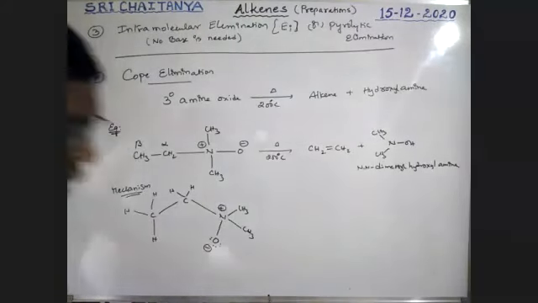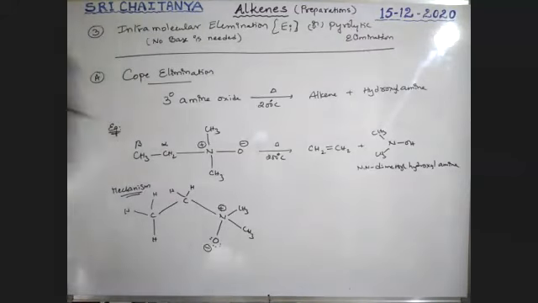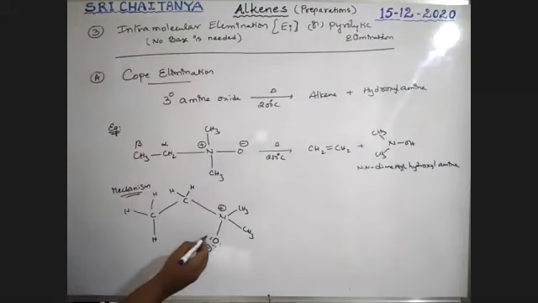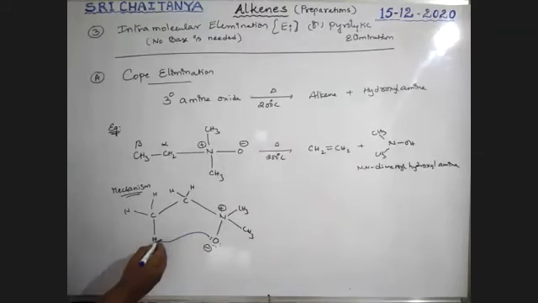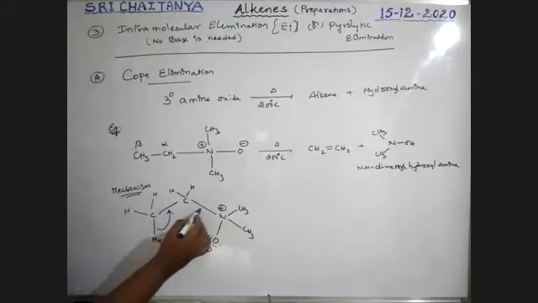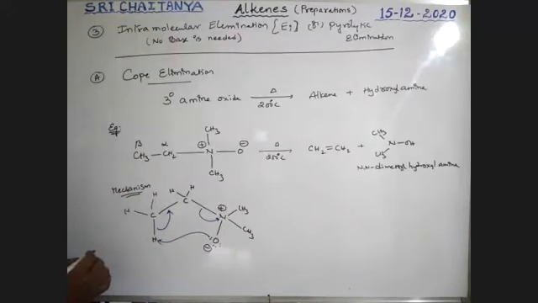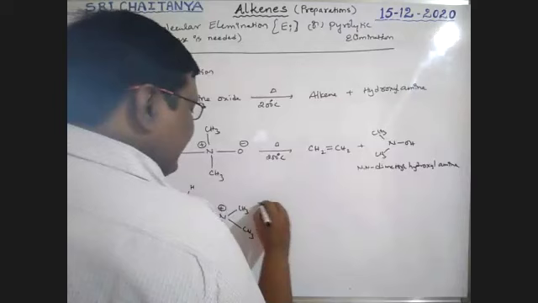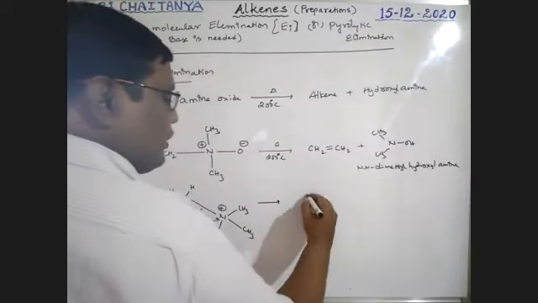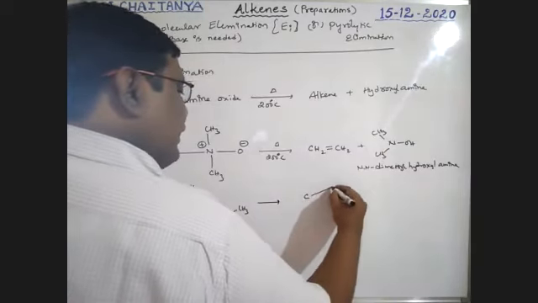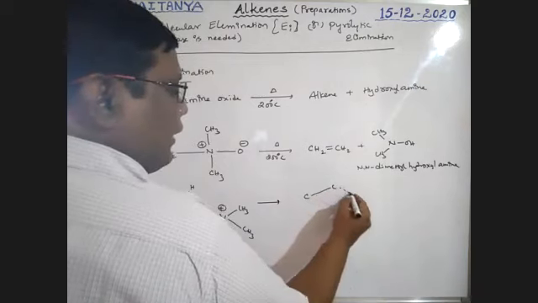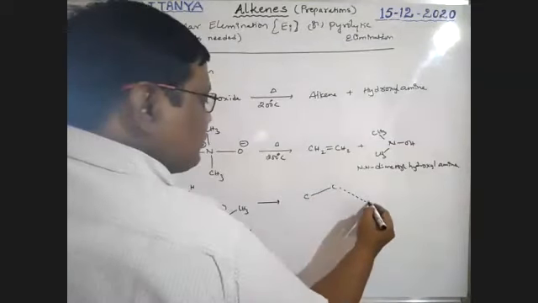Okay. Now, see here, boys. This lone pair is donated to this hydrogen. This bond pair is migrated to here. And this bond pair is migrated to this. Now what happens? A cyclic ring formation takes place. A cyclic transition state is possible. See here, dotted lines because the bond is going to break.